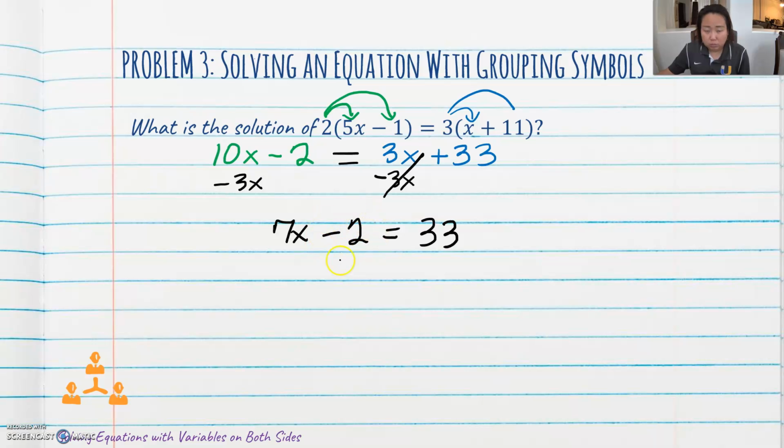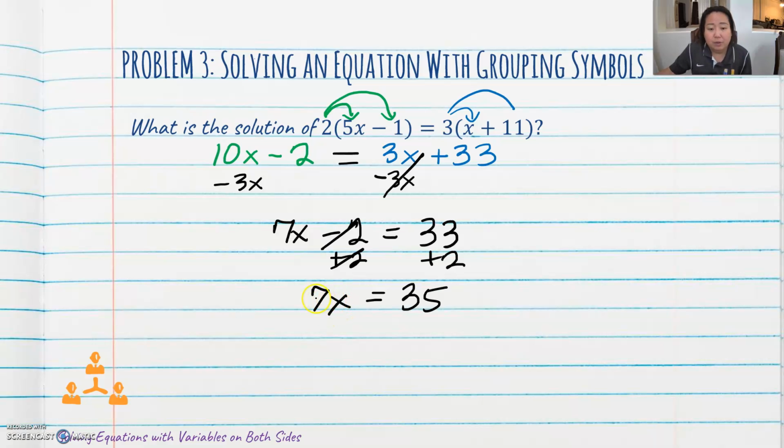And so we need to move our -2 together with the constant 33. So here we add 2 to make it a 0. This now needs to be added by 2. And so our equation now gets to be simpler. We have 7x is equal to 35. And what do we do? Last step.